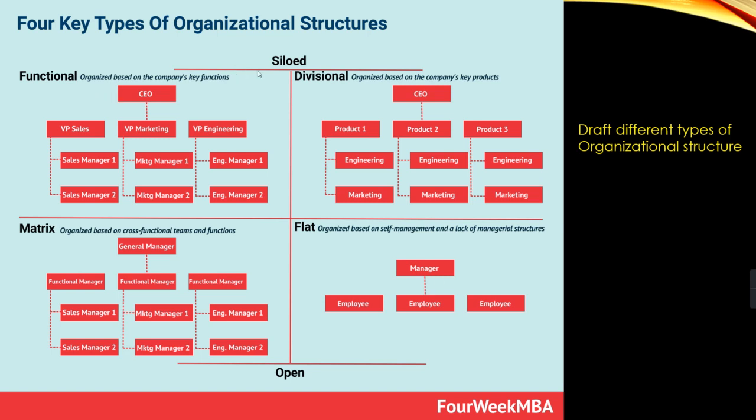Here you can see the functional organizational structure, divisional structure, matrix structure, and flat structure, with drawings of those structures. You can just draft it like this so that you can get 6 out of 6 marks in the examination.